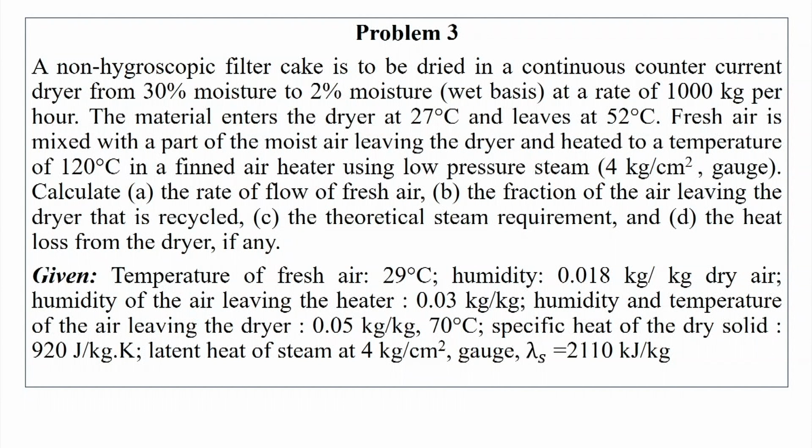The material enters the dryer at 27 degree Celsius and leaves at 52 degree Celsius. Fresh air is mixed with part of moist air leaving the dryer and heated to a temperature of 120 degree Celsius in a finned air heater using low pressure steam, that is 4 kg per centimeter square gauge.